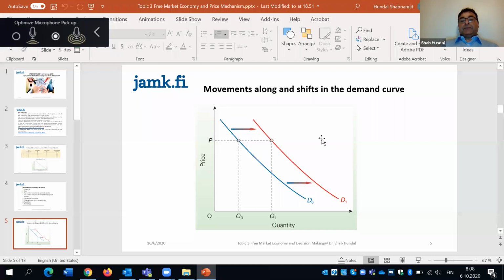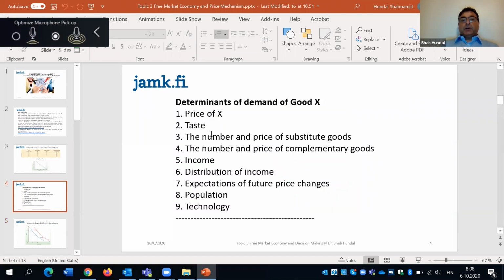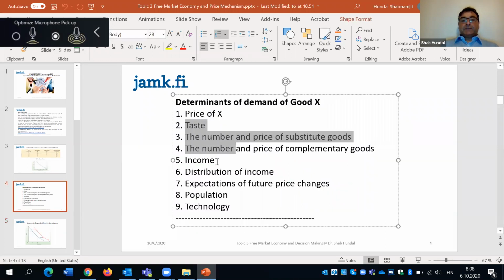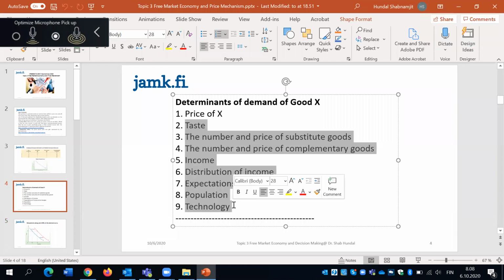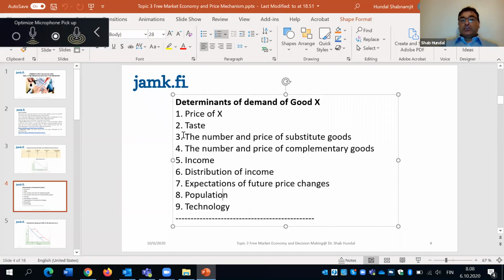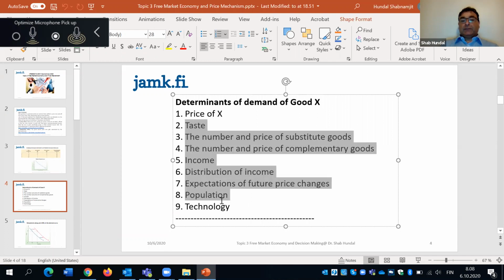Now, see what happens. When the demand curve shifts, this is purely because of the other factors. The price of X doesn't change, price doesn't become a cause, but the price becomes the effect. But all other factors, any of these factors can change. They can all change, or even one of them or two of them can change.